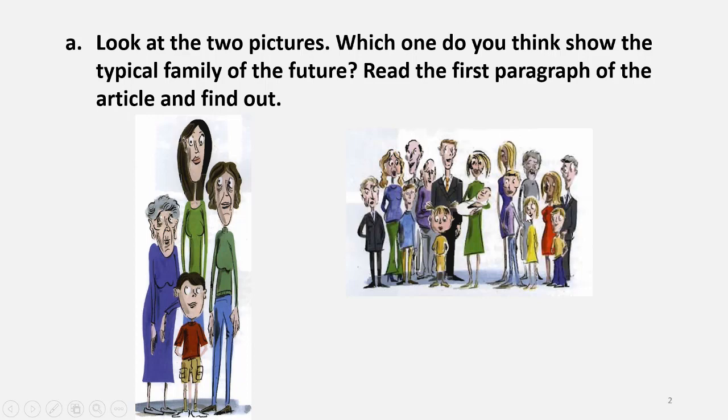For the other kind of family, you can see there is just you, your parents, and your grandparents, and you do not have your cousins, aunts, or uncles. So in my opinion, the typical family in the future is the picture on the left, right? It just has the children, their parents and grandparents, and does not have their cousins, uncles, or aunts. Okay.